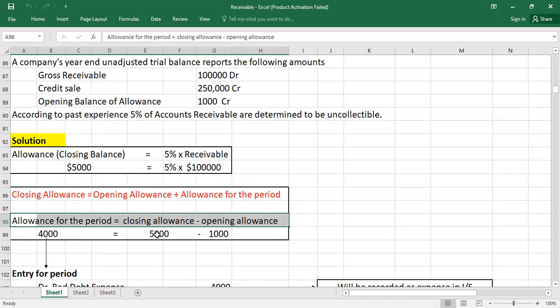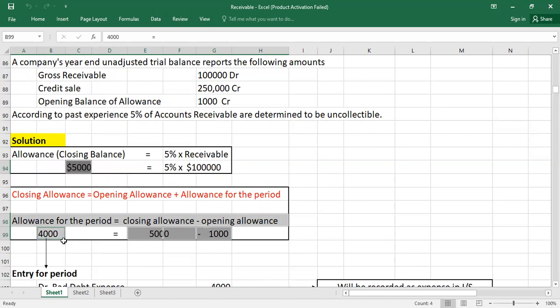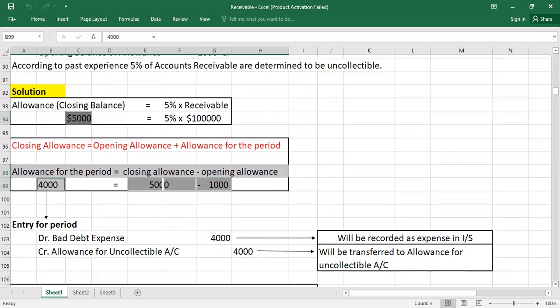Closing allowance is $5,000, which we have calculated here, minus the opening allowance given in the trial balance, which is 1,000. This gives you the allowance for the period, which is 4,000. With this 4,000 you will pass the entry to record the bad debt expense.